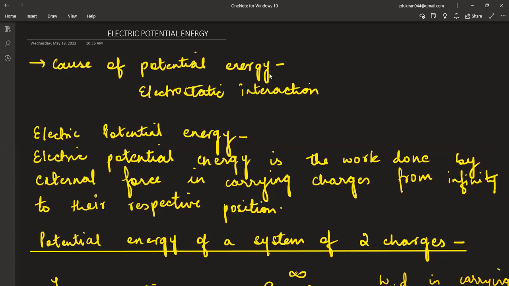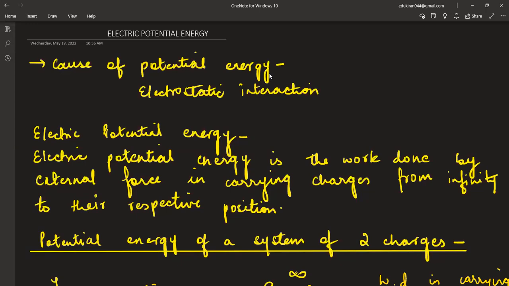Electrostatic interaction means two charges are able to exert force on each other. If two charges are able to exert a force on each other, it means there will be a potential energy. What is the cause of potential energy?